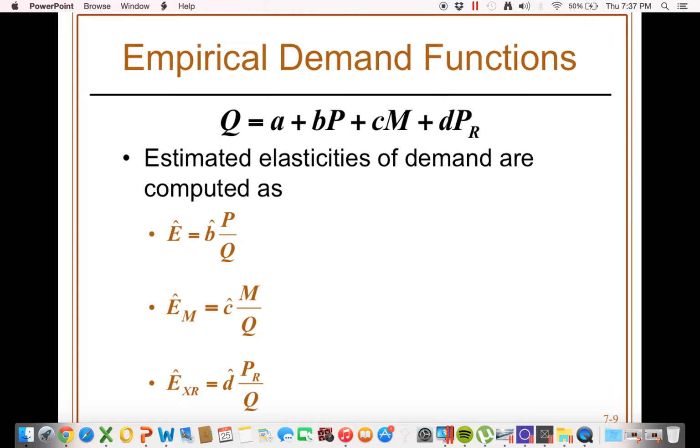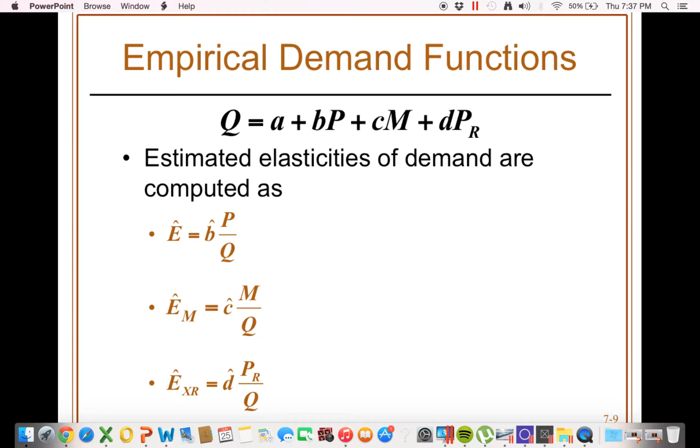So the point being, if we go back to that top equation, Q equals A plus B times P plus C times M plus D times price of the related good. That B is our slope, okay?